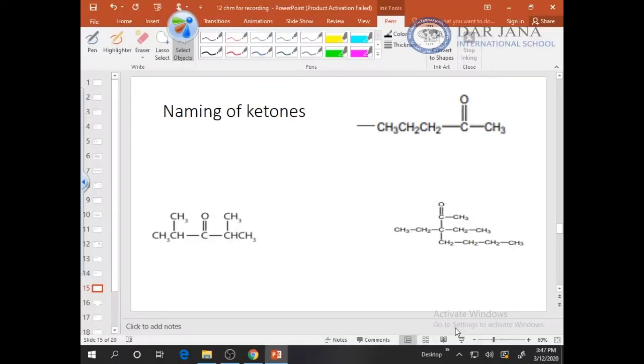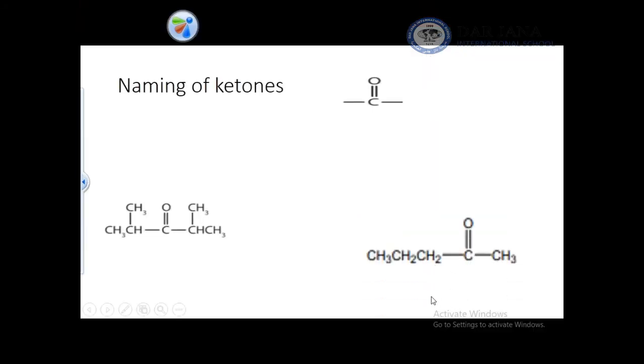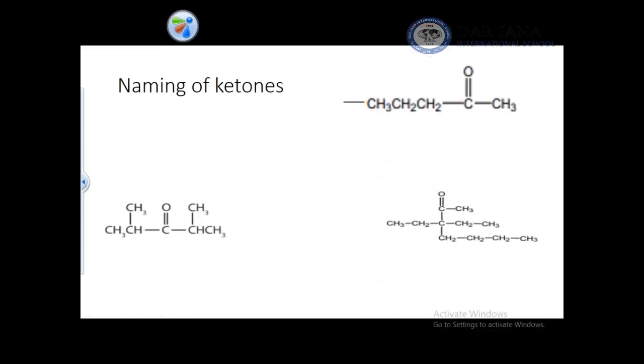Let's see how to name ketones. First, select the longest carbon chain containing the carbonyl carbon, like aldehydes.